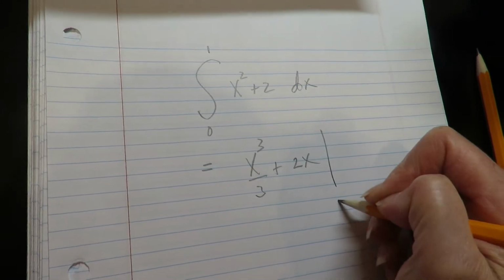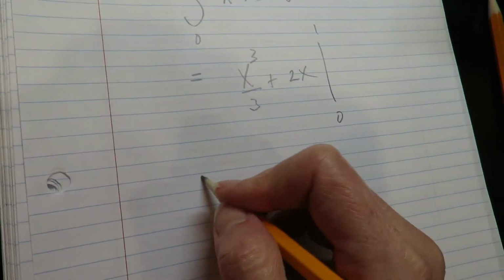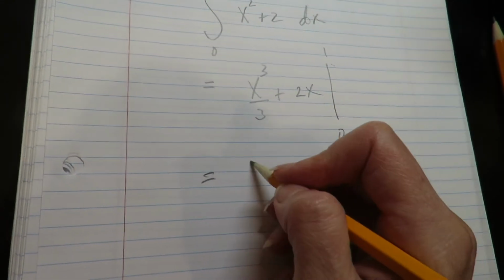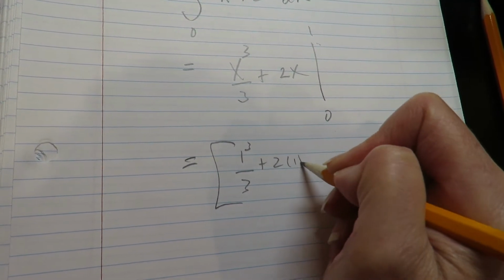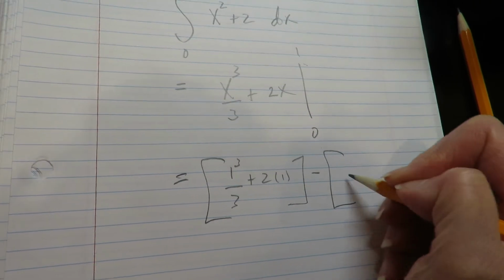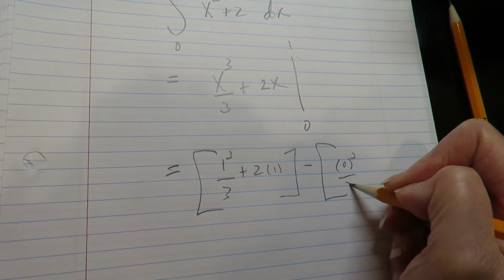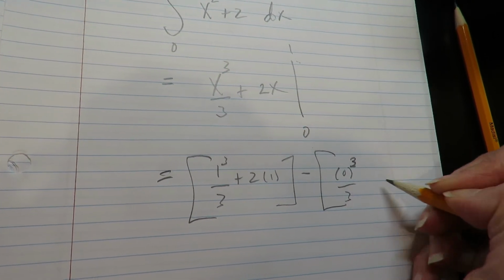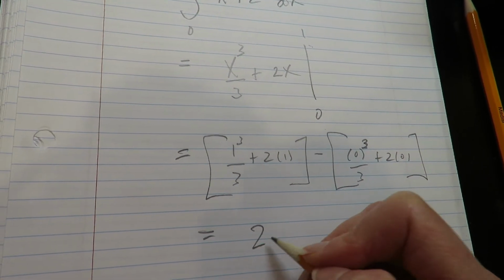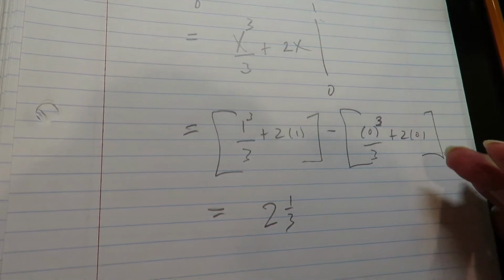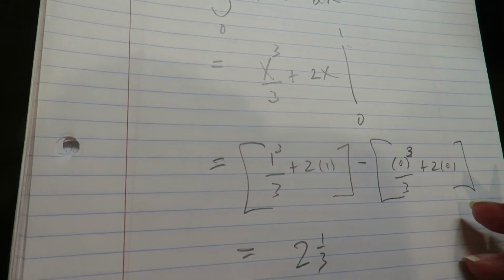No plus c because it's a definite integral. Upper limit minus lower limit. Okay, so we're good. 2 1/3 and 2 1/3.